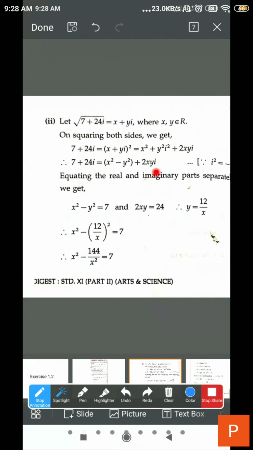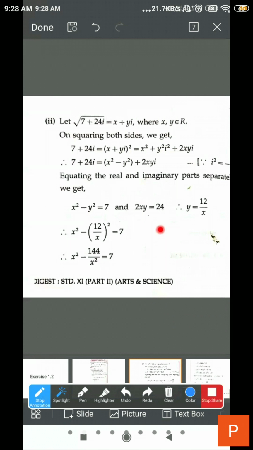Again, equating the real and imaginary parts, x square minus y square is equal to 7 and 2xy is equal to 24.